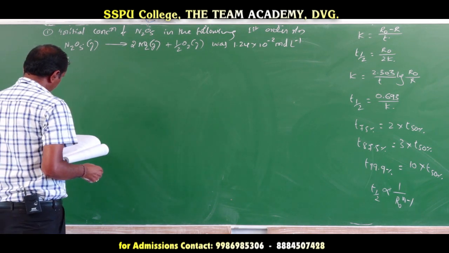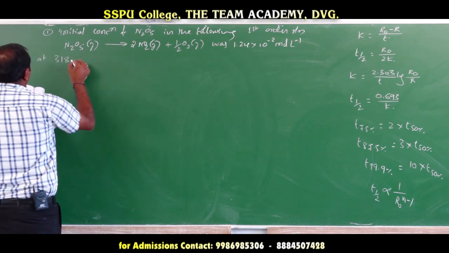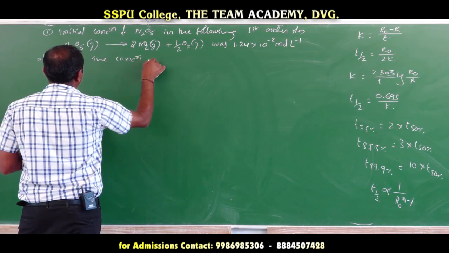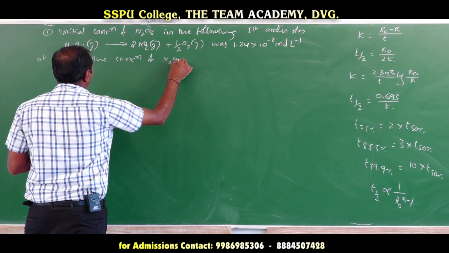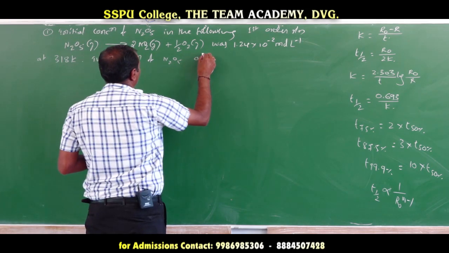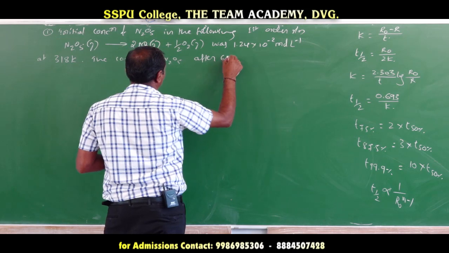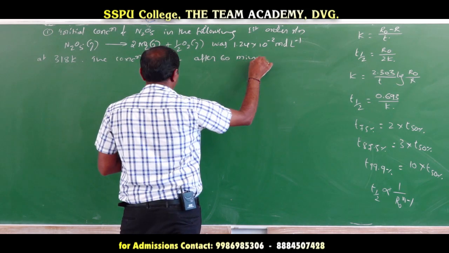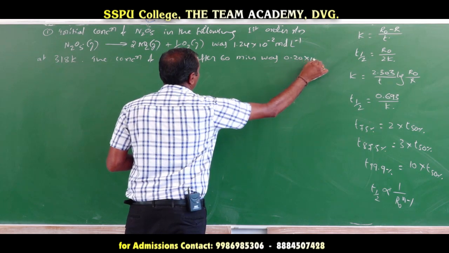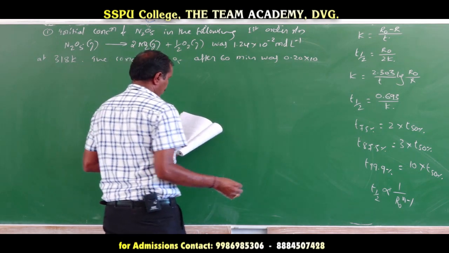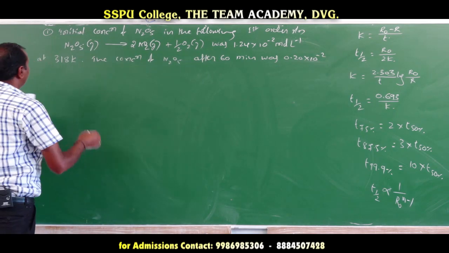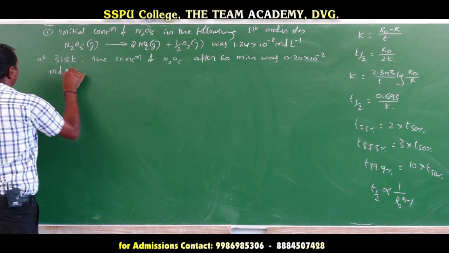The concentration of N2O5 after 60 minutes was 0.20 into 10 to the power of minus 2 mole per liter.